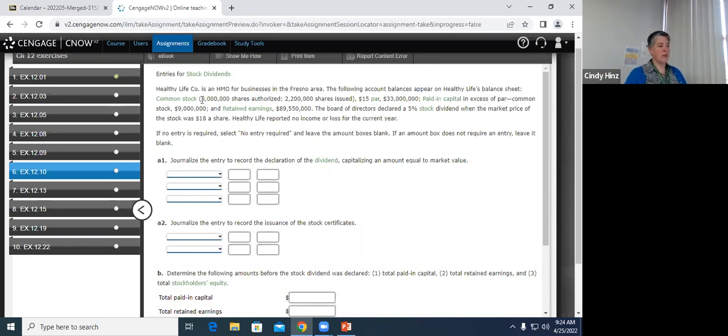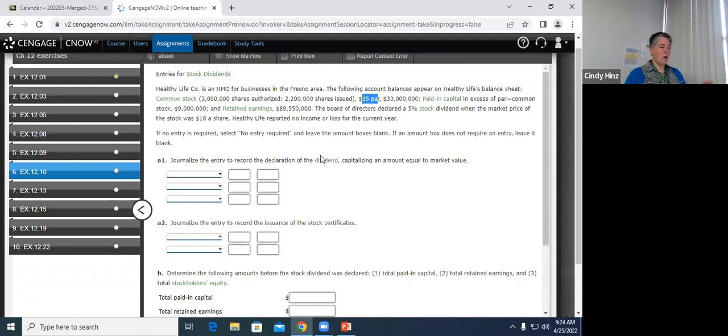And so we can see for this company, Healthy Life Company, that they have authorization to sell 3 million shares, but they only have issued 2.2 million. So they have an extra 800,000 shares that they can choose to either sell or distribute to their shareholders. These shares each have a $15 par value.